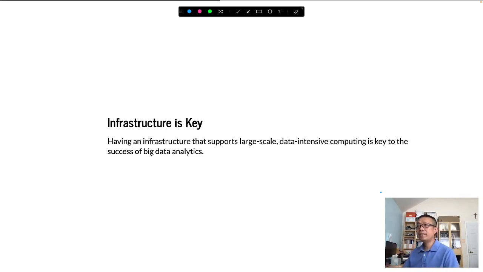And the point here is that we need to have an infrastructure that can support all this, that can help us deal with large amounts of data, with the volume and velocity of big data today, and to support large-scale data-intensive computing. So having an infrastructure is key, because nobody can take care of everything that we discussed earlier, right?